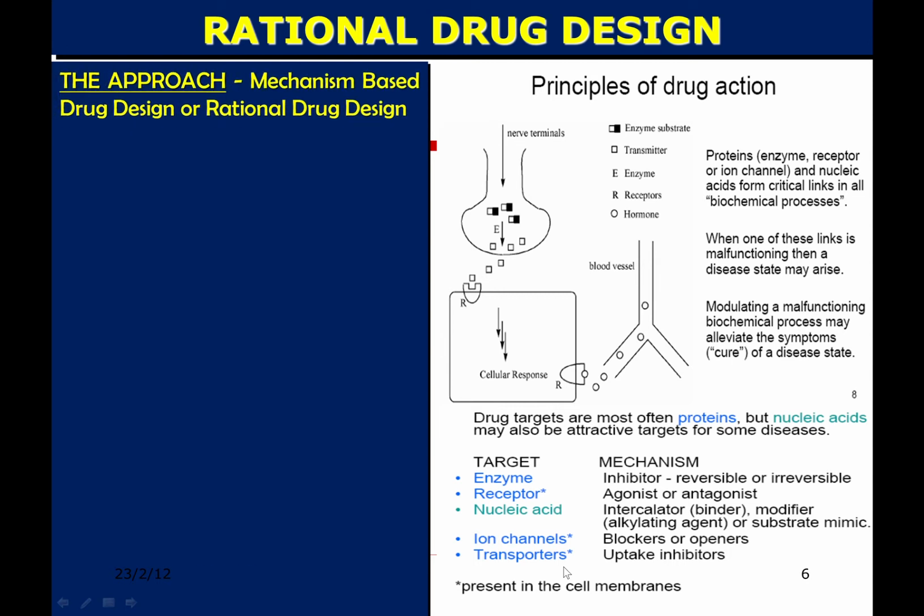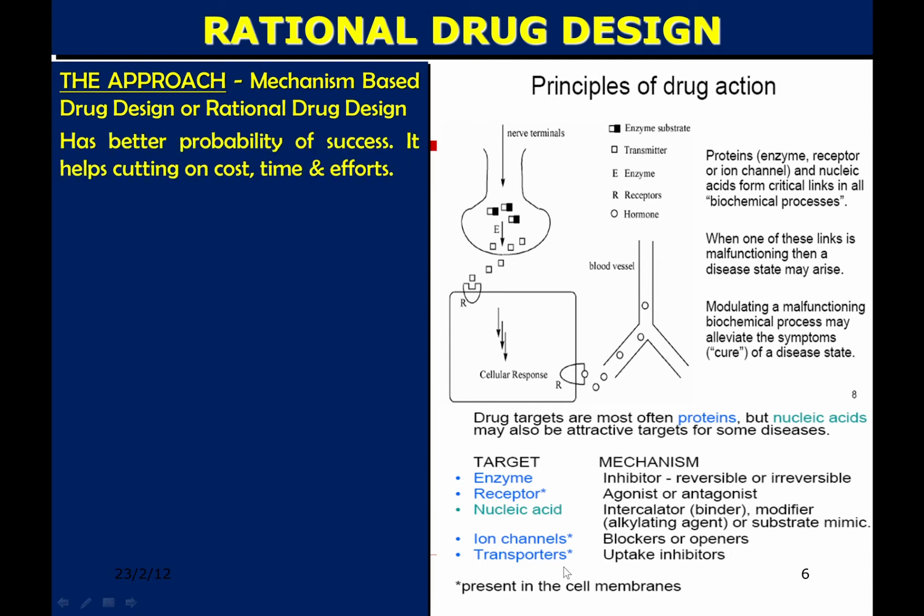So the mechanism-based drug design or rational drug design approach has all this taken into consideration, and efforts are made to design such drugs which will target these important links and modulate them. It is more target based, and it helps a more focused approach, cutting the cost, time and efforts.